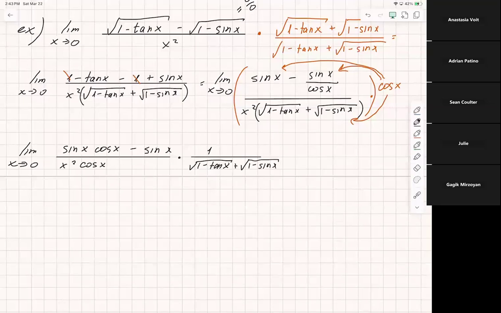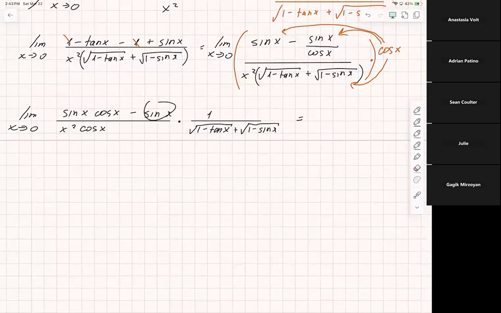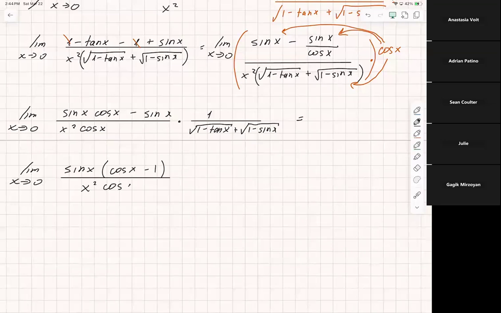I don't think there's something we can do right now with this expression to simplify it, but we can work with this expression, okay? So we can factor out sine, right? And we would get the limit as x approaches 0 of sine x (cosine x minus 1) divided by x squared cosine x, times, let me just apply the limit for the second expression, and I'll just rewrite that.